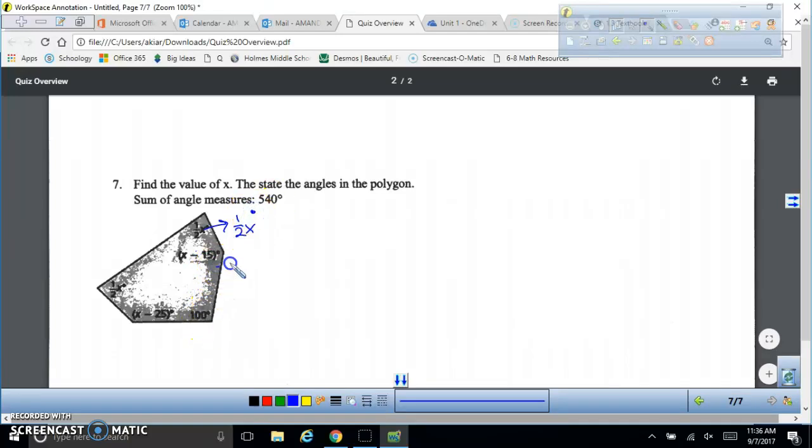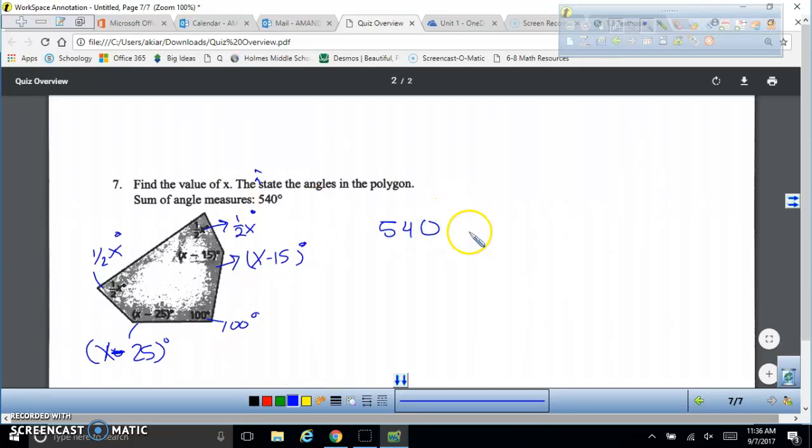This is x minus 15 degrees, 100 degrees, x minus 25 degrees, and 1/2 x degrees. Okay, find the value of x, then state the angles of the polygon.